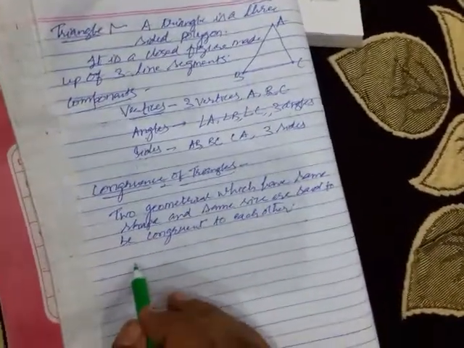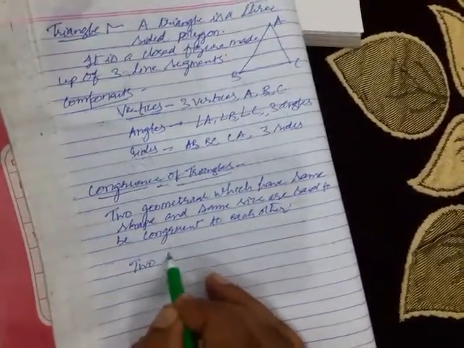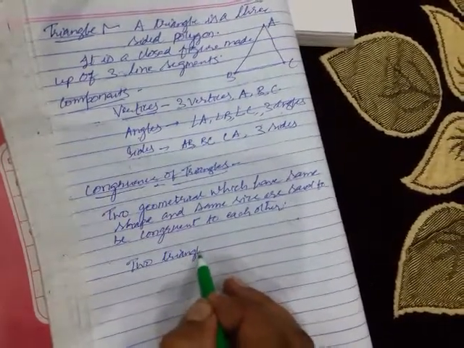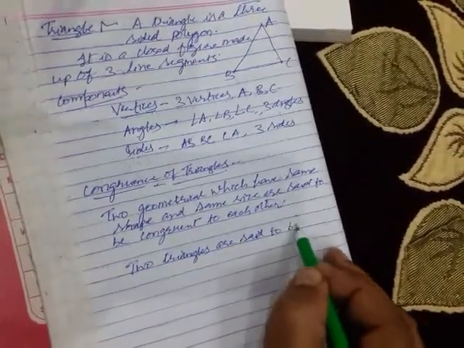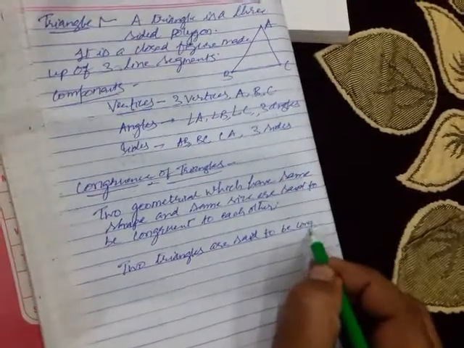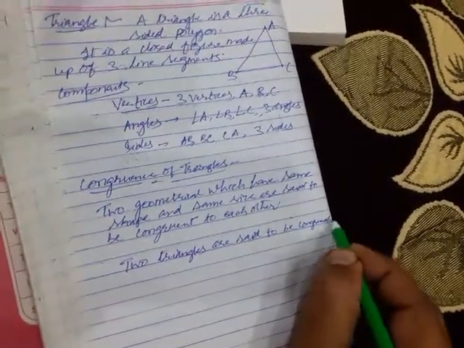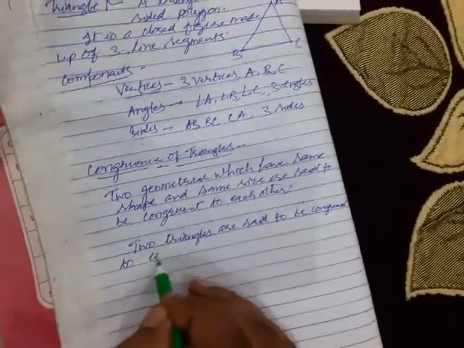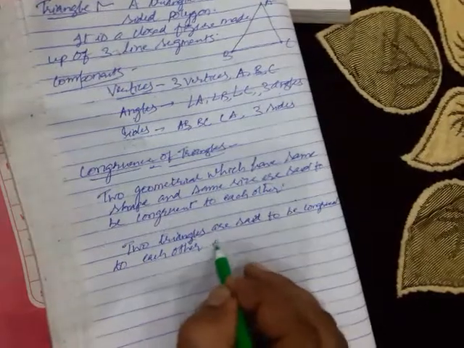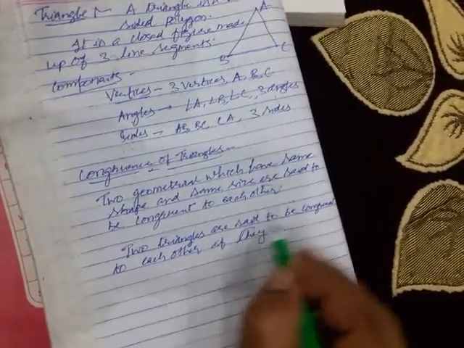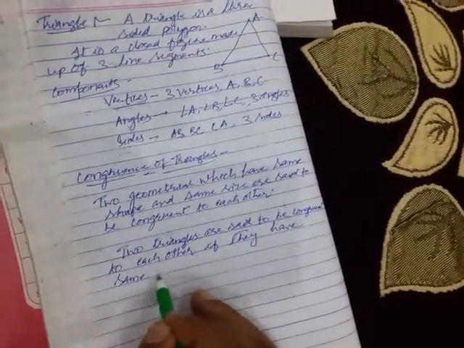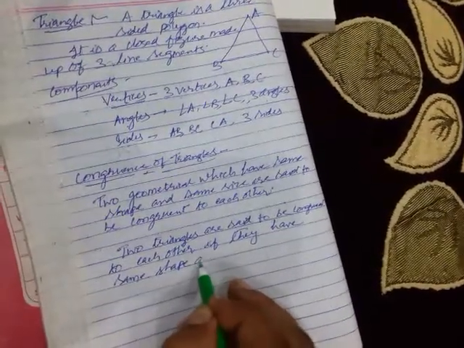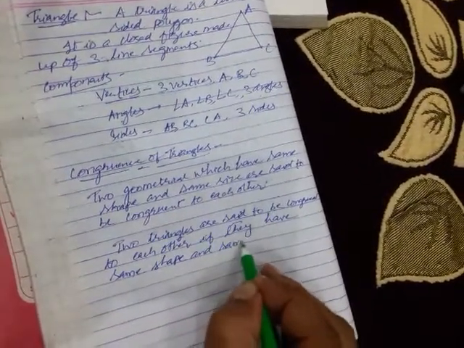Similarly, in case of triangles, two triangles are said to be congruent to each other if they have the same shape and same size also.